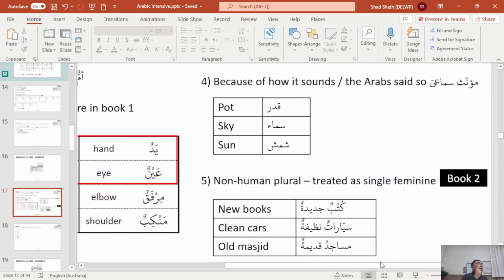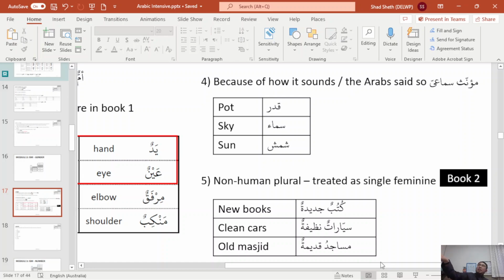Now, there's another category that we're going to learn today: words that are feminine without any reason, just because the Arabs say so. The Arabs say these words are feminine, then you have to know that this is feminine. That's all. I can't help to give too much on that. So the ones in book one: Kidrun, pot, which is the example or the answer that you give.